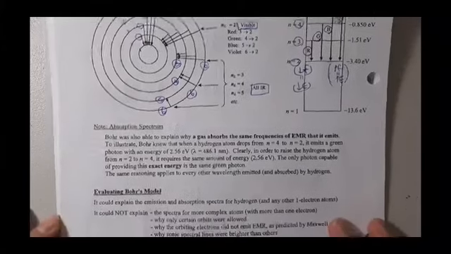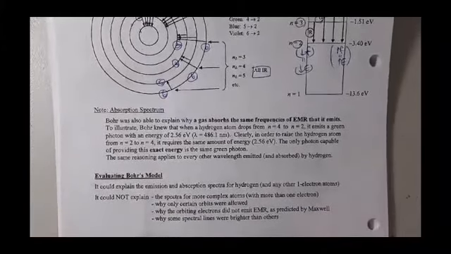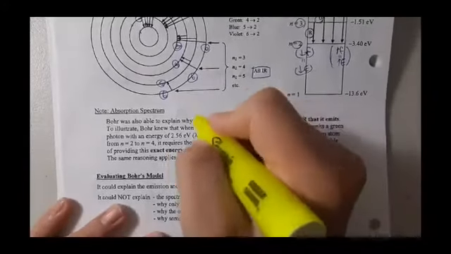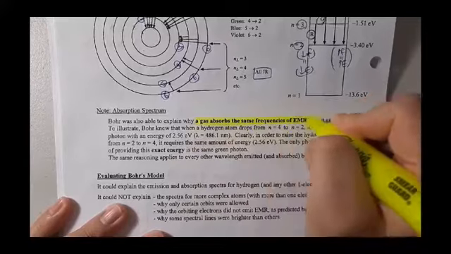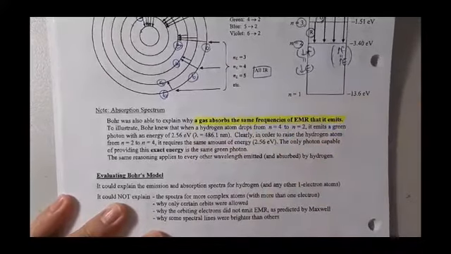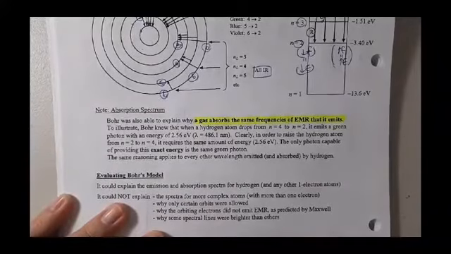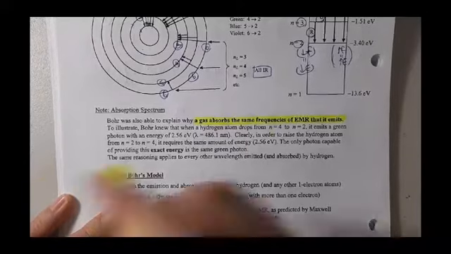So during that spectra, he was able to explain why a gas excites and absorbs the same frequency of EMR that it emits. He did the same experiment with the absorption spectrum. And Bohr knew that a hydrogen atom drops from a certain level to another level.